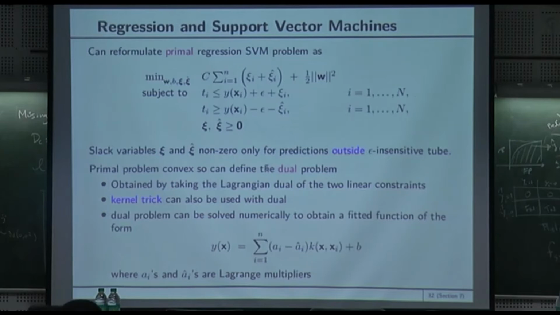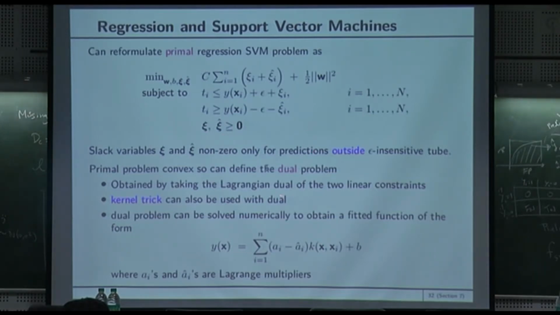The primal problem is convex, so you can define a dual problem obtained by taking the Lagrangian dual of the two linear constraints. Now we have two linear constraints. You put them into the objective using Lagrange multipliers.